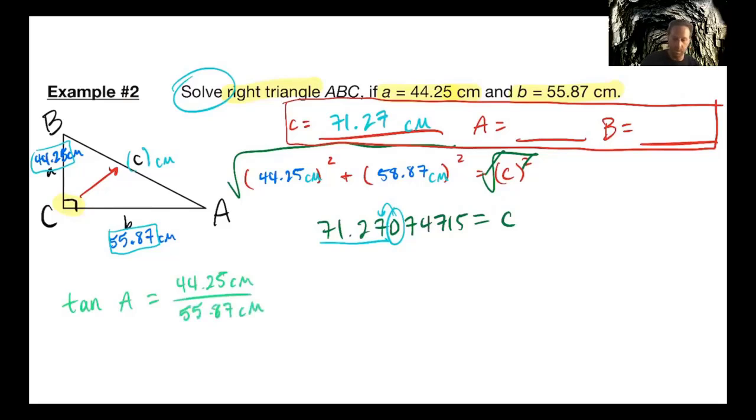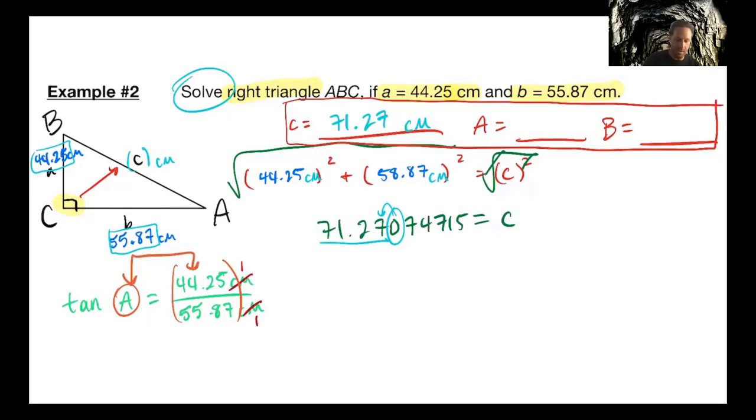And remember, we can always take and cancel our like terms, but keep in mind what we're trying to do. We're trying to solve for angle A. And so as we learned in the previous section, in order to do that, we need to take the ratio that they gave us and reverse the input and output.